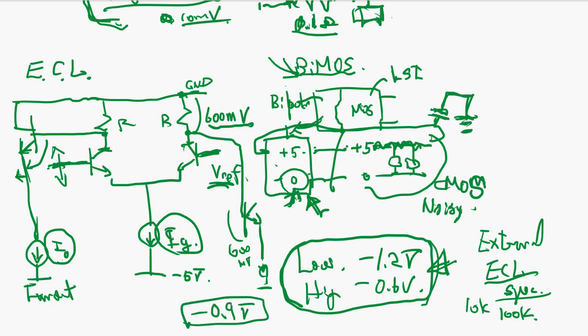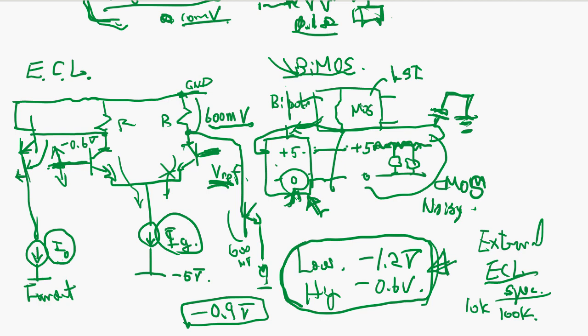Okay? So what happens is, if this voltage is, say, 300 millivolt above 0.9, like negative 0.6 volt, then this transistor, you compare with this, it's a comparator, right? You compare against this voltage. This is 300 millivolt higher. So all the current flows this side, and this current is shut off. So the current becomes zero.